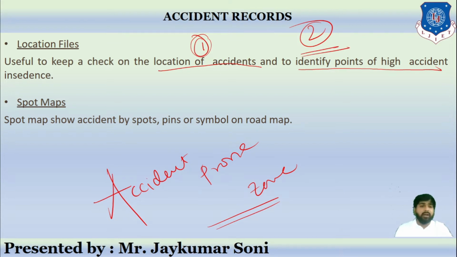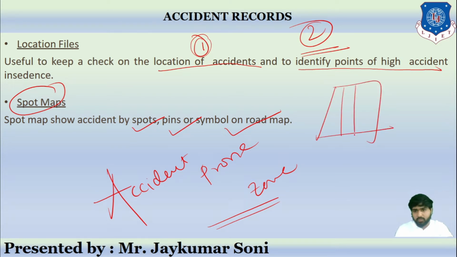Then come the spot maps. Spot maps show accidents by spots, pins or symbols on a particular road map. I repeat, spot maps show the spots, pins or symbols. That means if this is the map and this is the road, and this is where the maximum accidents occur, then this spot can be represented on the map.